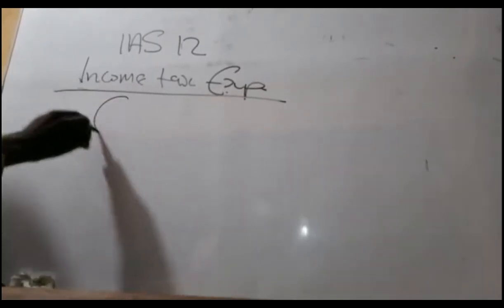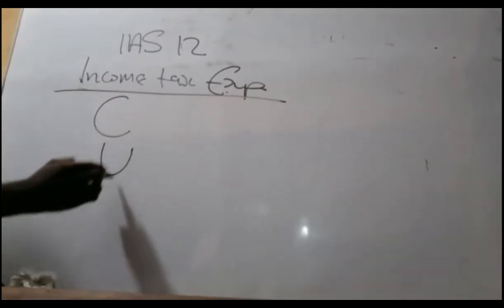How do you arrive at that? That is where we are now. Great. Now relax. If I calculate the income tax expense made up of three items, you are done. C U V. That's all.